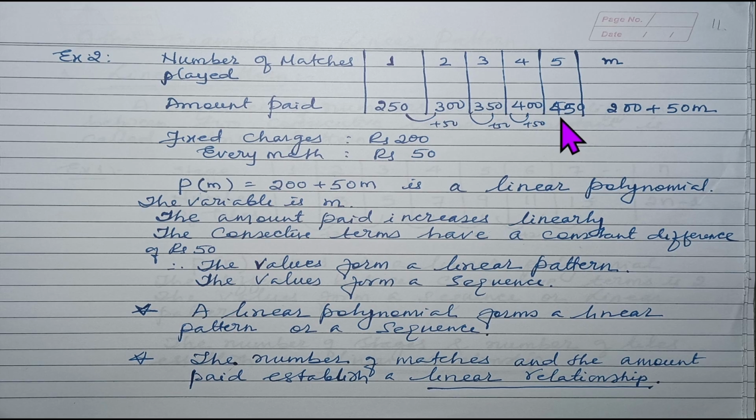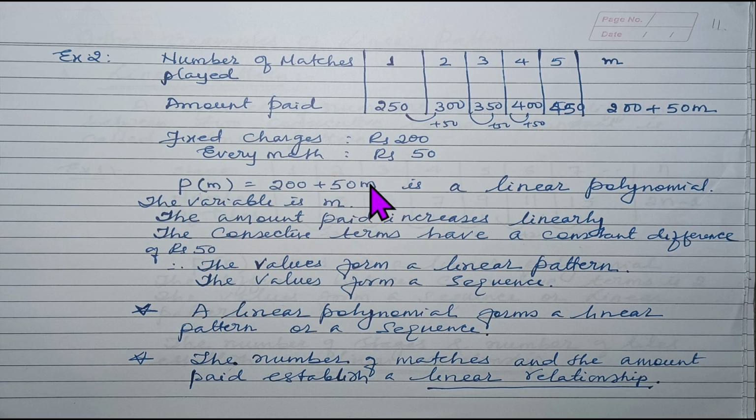So therefore we can frame a linear polynomial for this particular example. I have taken m as a variable here. So P(m) = 200 + 50m is a linear polynomial, and the variable is m. So therefore the polynomial is a function of m.